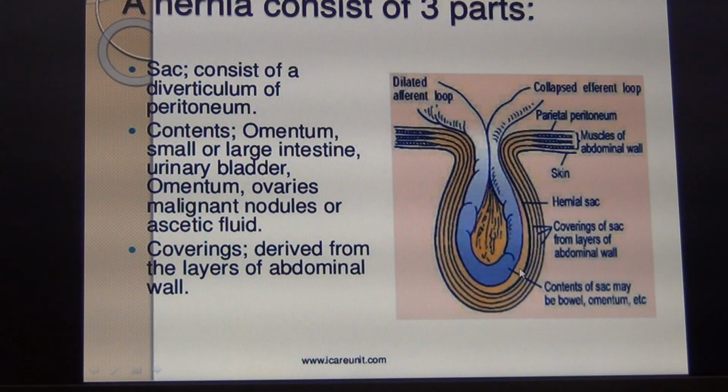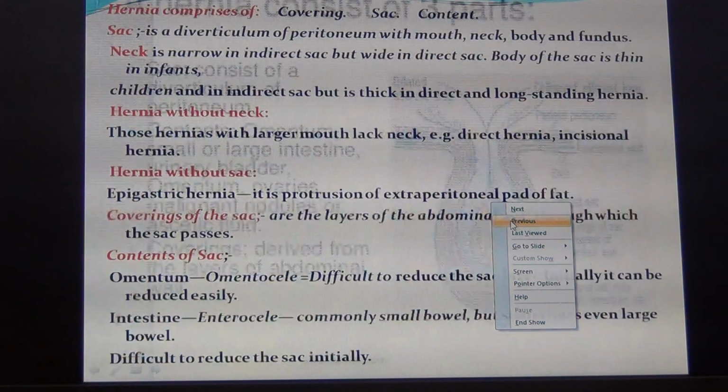So at first this is the sac, which is the peritoneal fold, consisting of a diverticulum of peritoneum. Then the contents, and then we have the coverings of the sac, which are the layers of the abdominal wall.